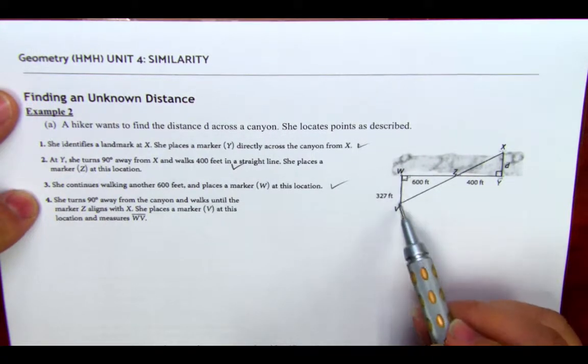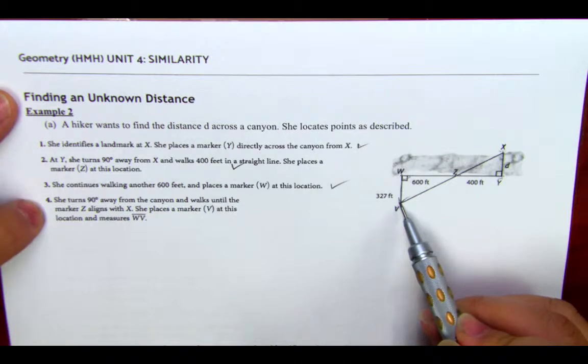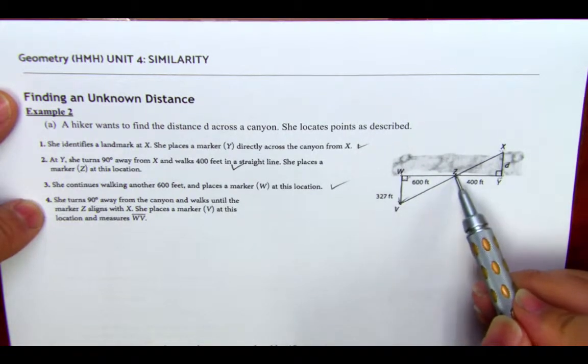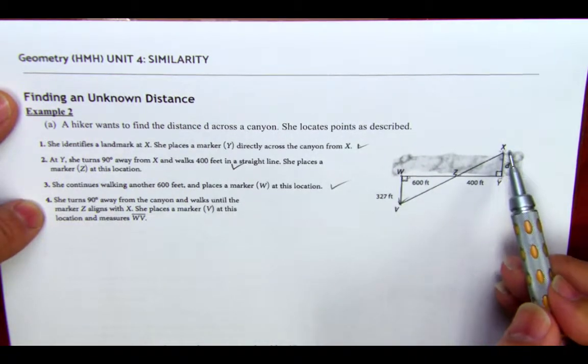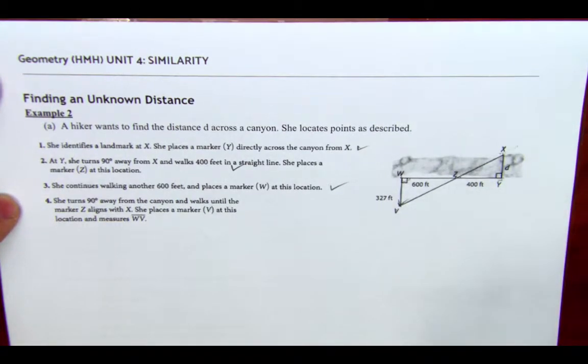She turns 90 degrees this way, and walks until the markers Z and X form a straight line.